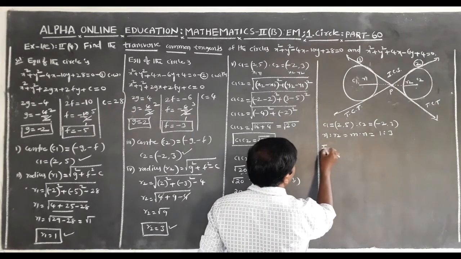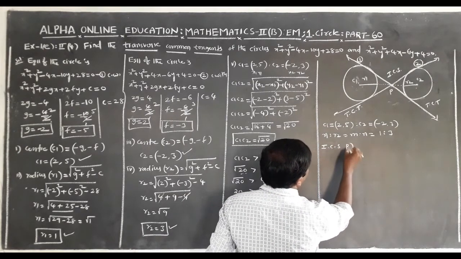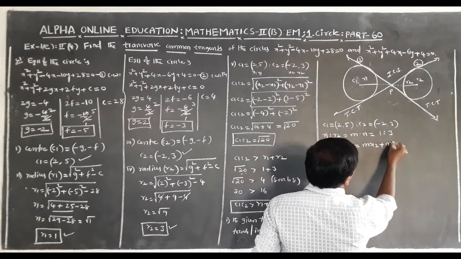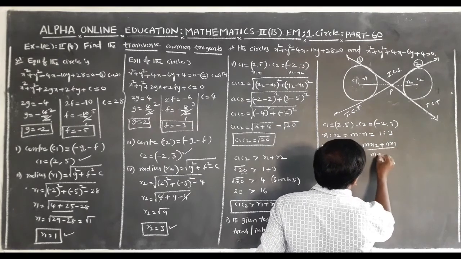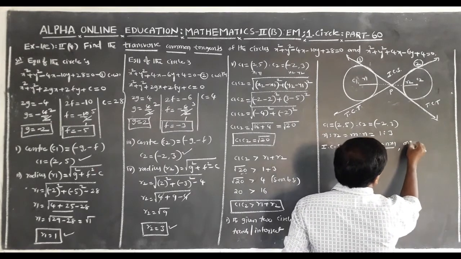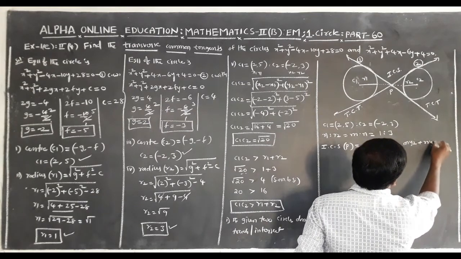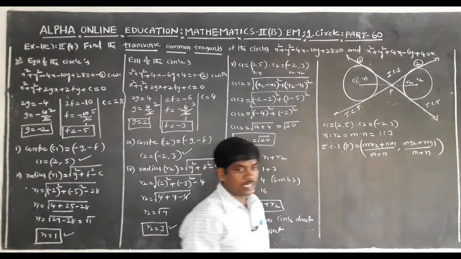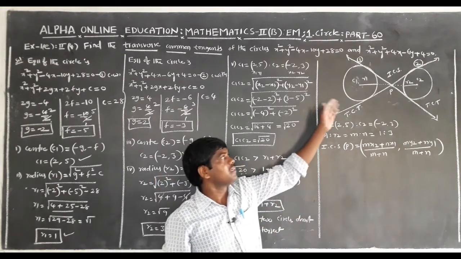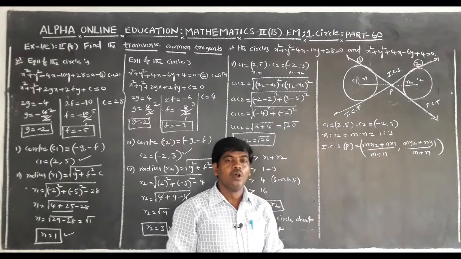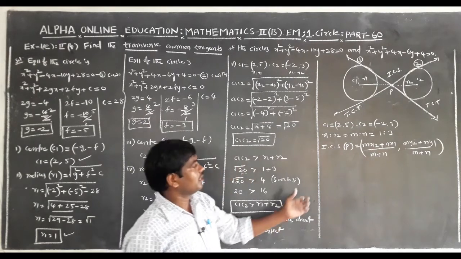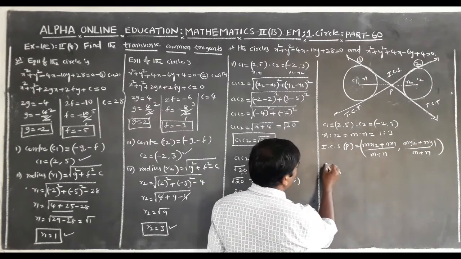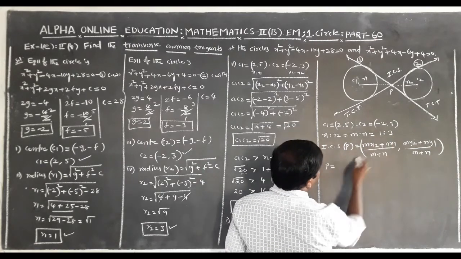Here the internal center of similitude P is equal to (mx2 plus nx1) by (m plus n), comma (my2 plus ny1) by (m plus n). Here P divides the line segment C1C2 in the ratio R1 to R2 internally. This is the formula for the internal center of similitude.